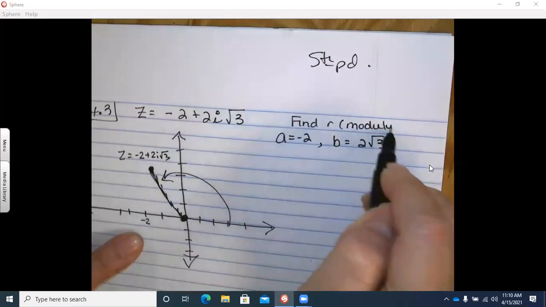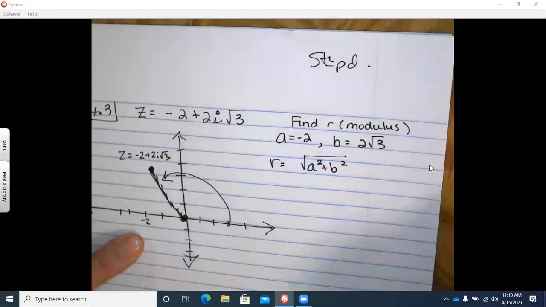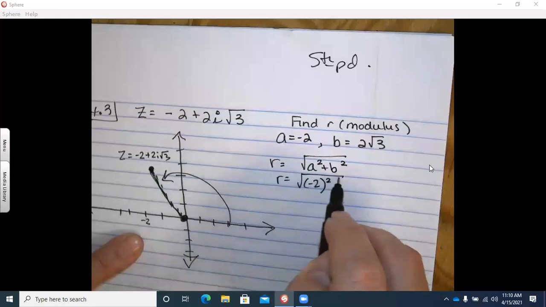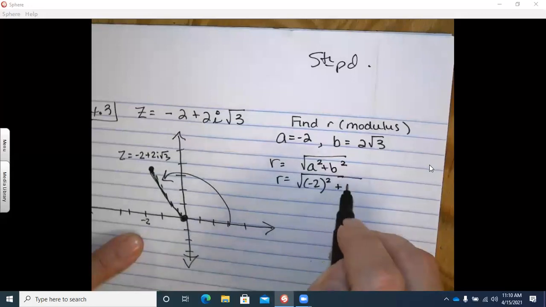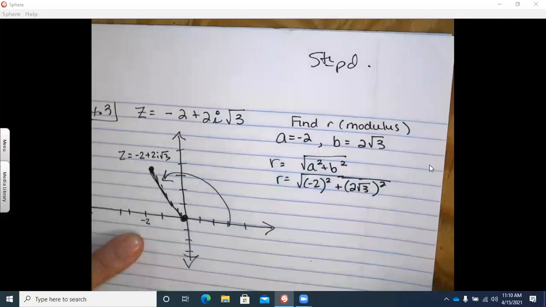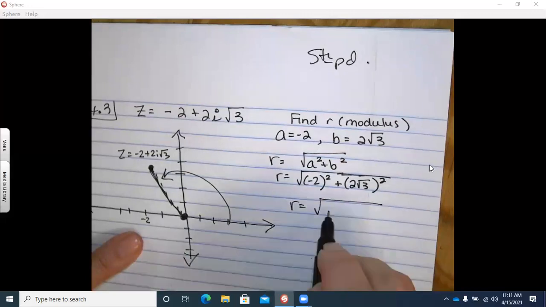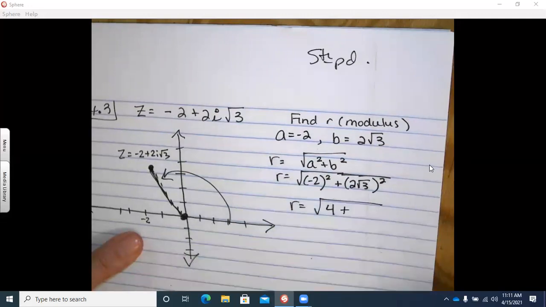So we know r equals the square root of a squared plus b squared. So r equals the square root of -2 quantity squared plus 2 square root 3 quantity squared. What's -2 quantity squared? 4 plus, let's see, 2 square root 3 times 2 square root 3 is going to be 4 square root 9, which is what? 12.